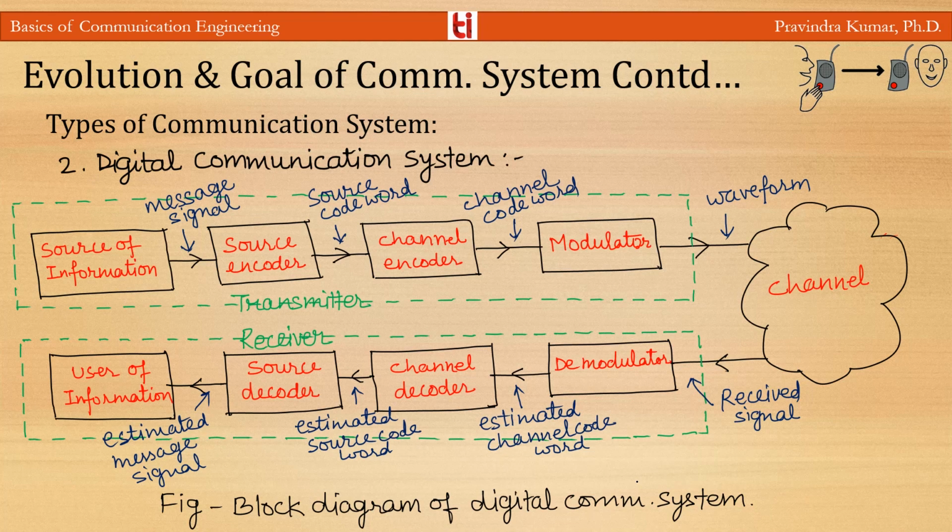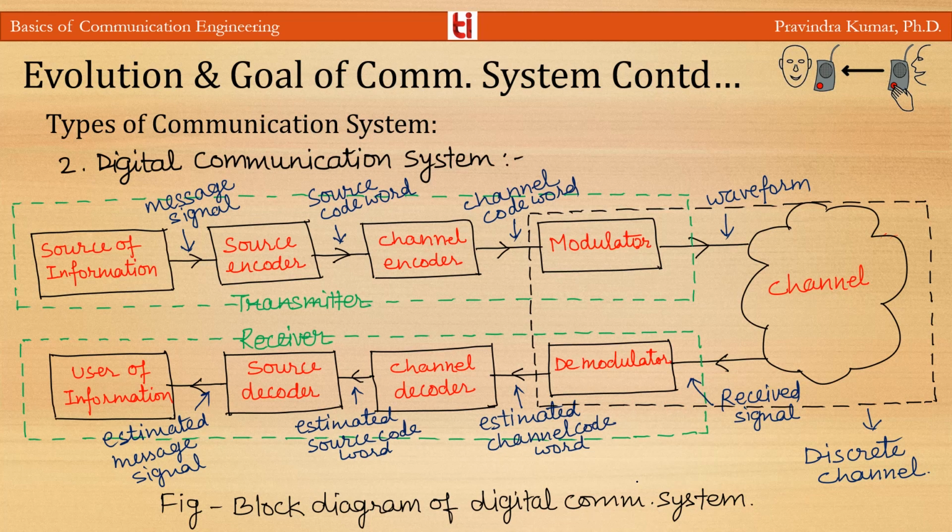In the figure, the combination of modulator, channel, and demodulator is known as a discrete channel because its input as well as output are in discrete form. So at this point, this is digital, and the input to the discrete channel is digital, and the output of the discrete channel is in digital form.